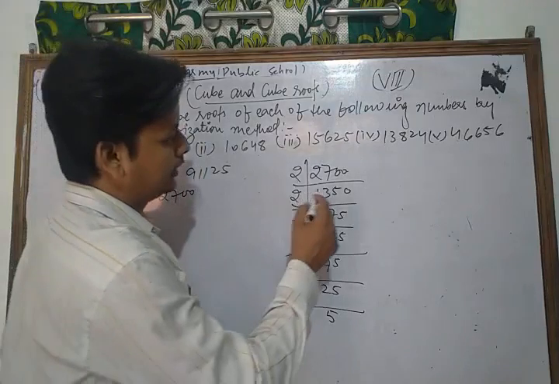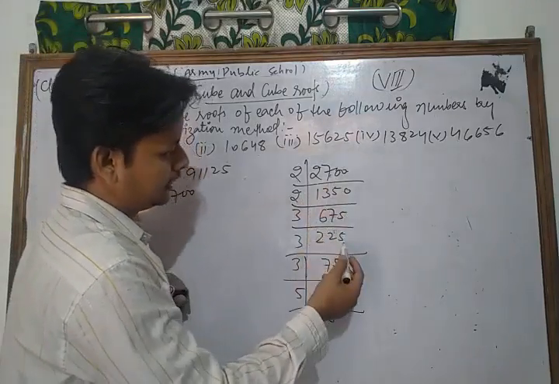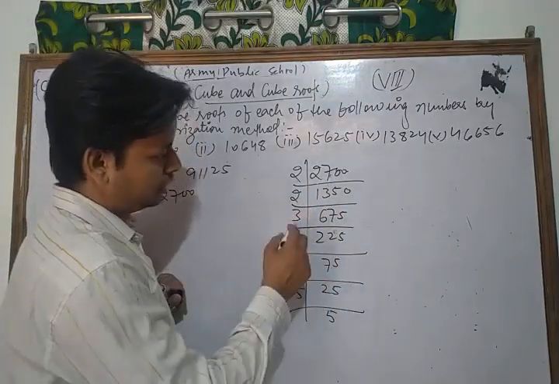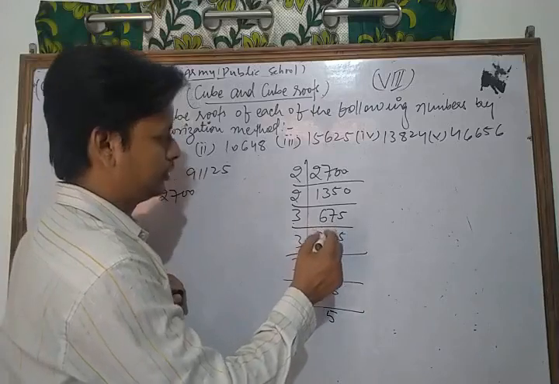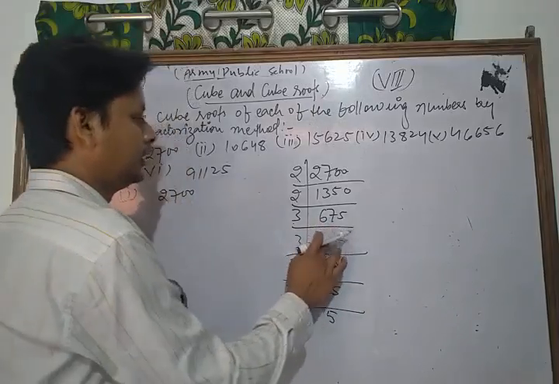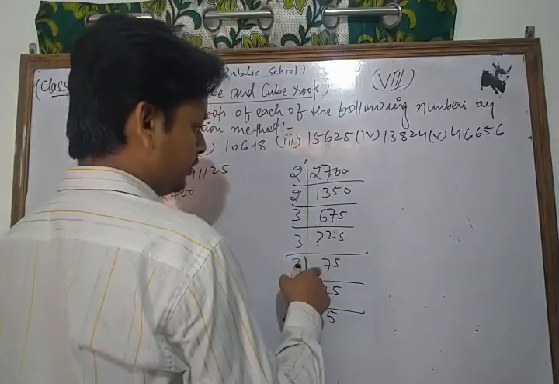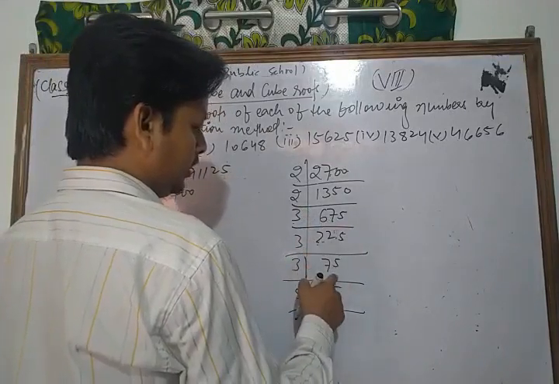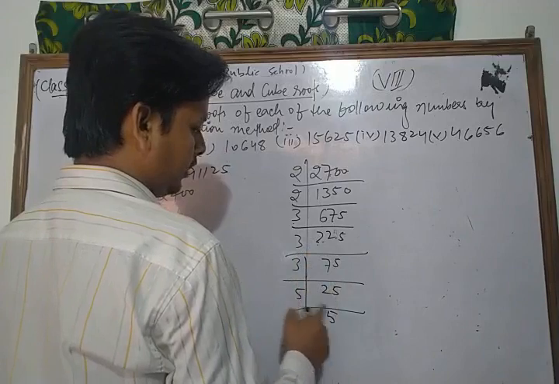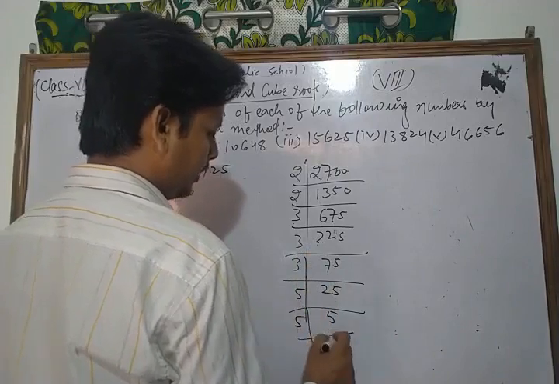Now here we split it by 2, then by 3: 3 2 6, 3 2 6, 3 5 15. Now again by 3, 3 7 21, 3 5 15. Now 5 5 25, and finally we write 5 1 5.